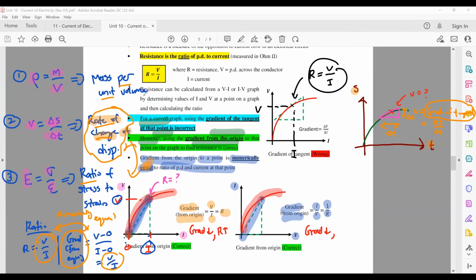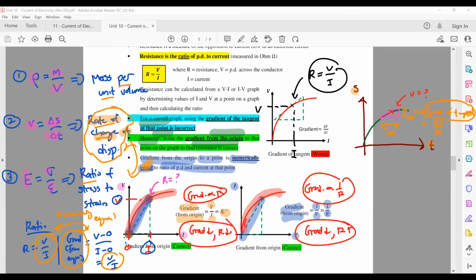Sorry, I did something wrong here. The first one, gradient is proportional to R. If gradient is dropping, R is dropping. Sorry, my mistake. And then this one here, gradient is inversely proportional to R. If I see that my gradient is dropping, my resistance is increasing.